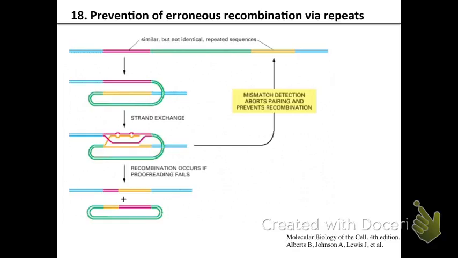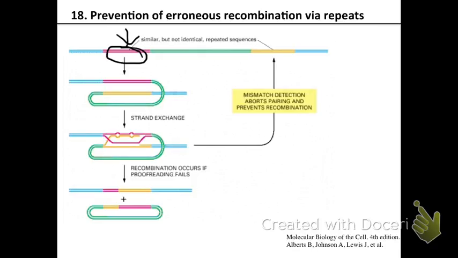All right, let's imagine that you have two repeat sequences at two distant sites in the chromosome, okay? And let's imagine that one of these sites contained a double-stranded break. Now, this double-stranded break is going to look for homology, right? And these sequences are going to look for homology to be able to repair themselves.